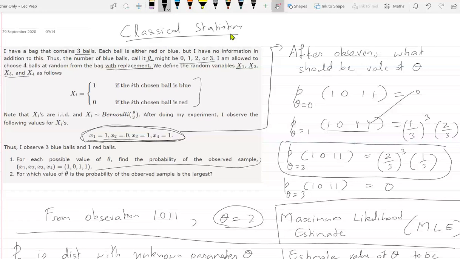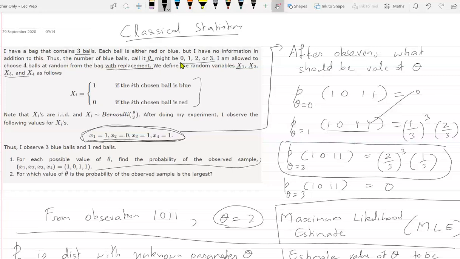If you do the calculation this way, then you are saying you don't know anything about the vote share. But we know some prior information about it: theta is maybe most likely to be 2, the probability of theta being 2 is 1 by 4, and theta equal to 1 is 1 by 2. Something like that we are told already.